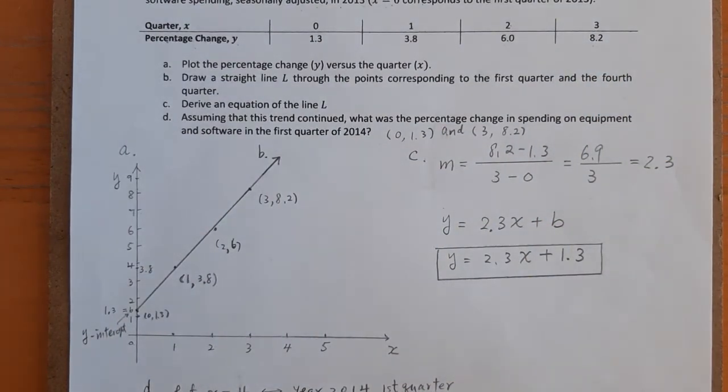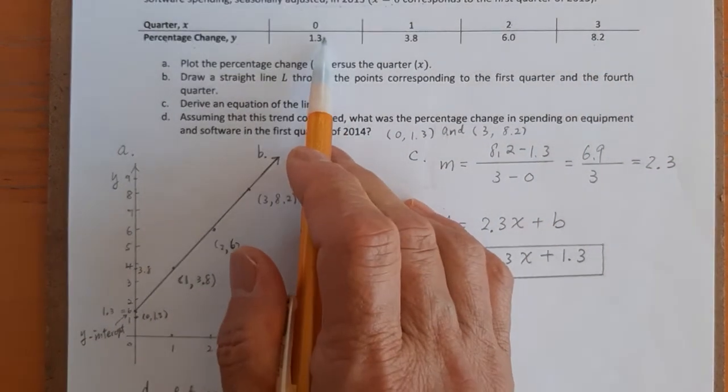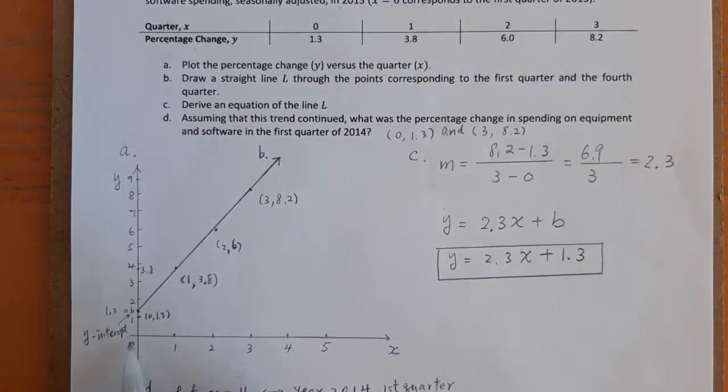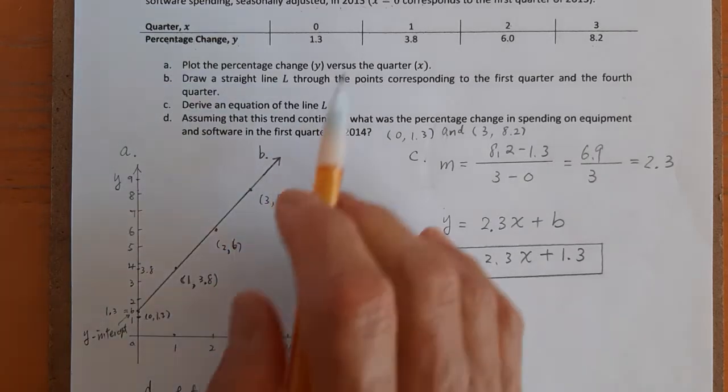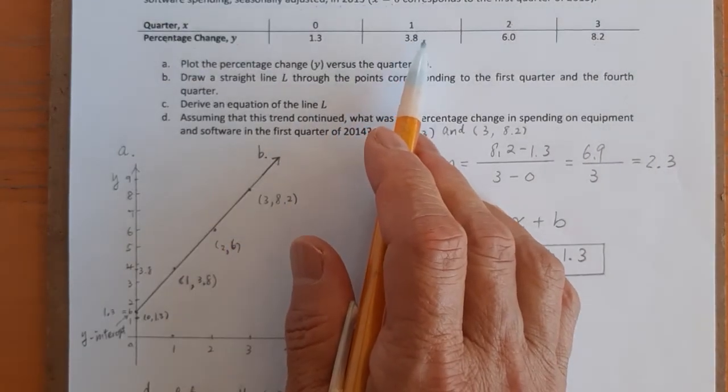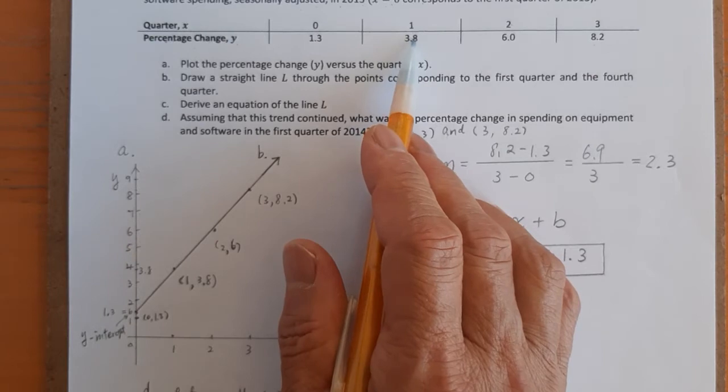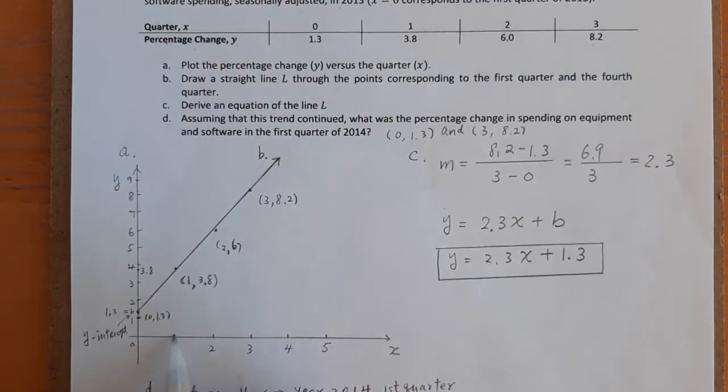Now plot the points. When X equals 0, Y is 1.3, which is between 1 and 2. So the point is (0, 1.3). When X is 1, Y is 3.8, which is close to 4.